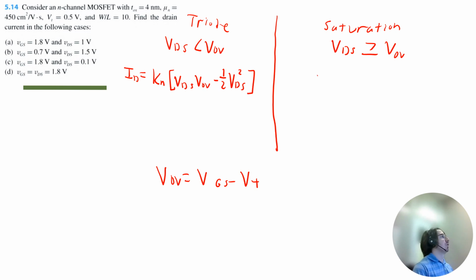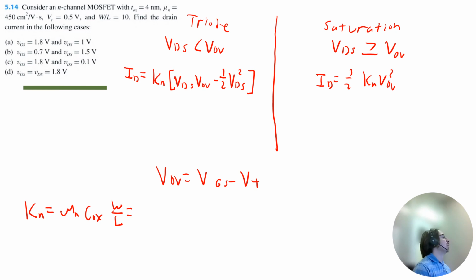In the saturation region, drain current is just equal to 1/2 times K_n times V overdrive squared. For both cases, we need to find the value of K_n, so let's take care of that.